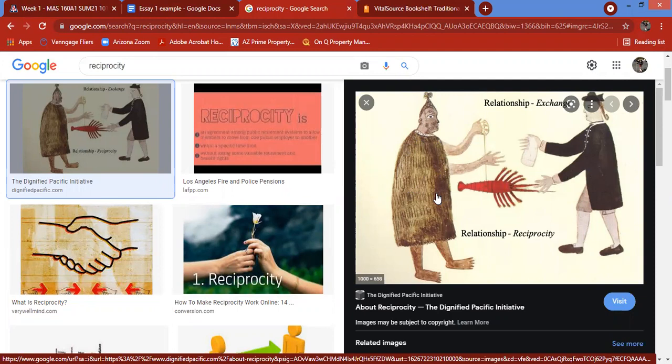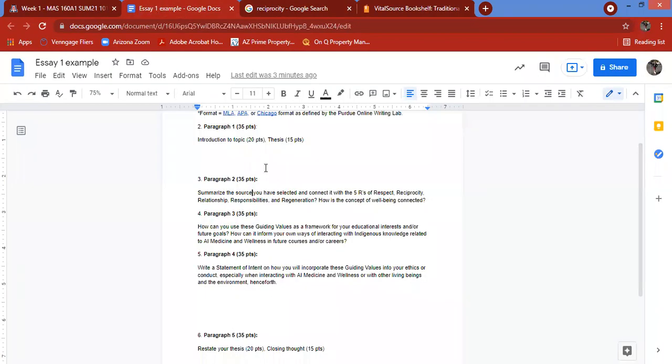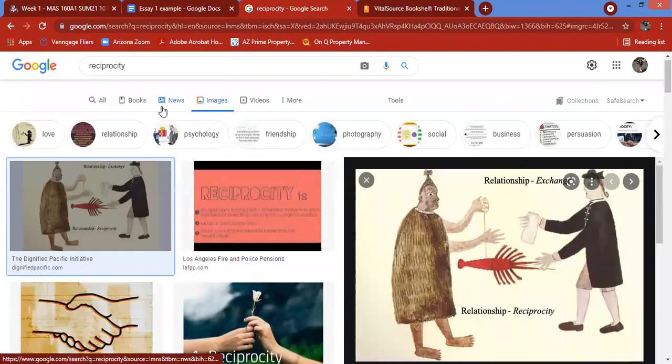We also extend this reciprocal relationship to animals, to water, to plants. And hopefully that will start making more sense in more of the readings that you are taking on in this class. This reciprocity will automatically lead us to the next R, which is relationship.